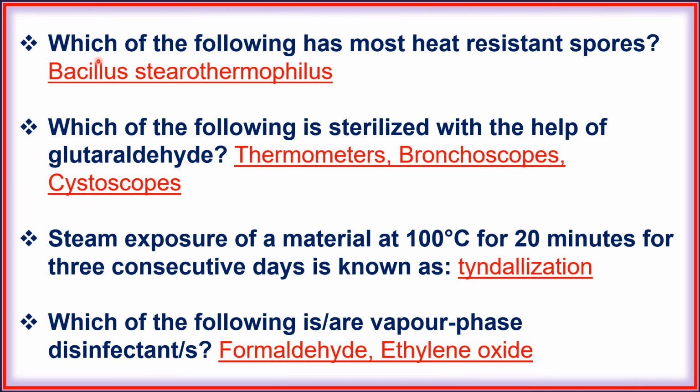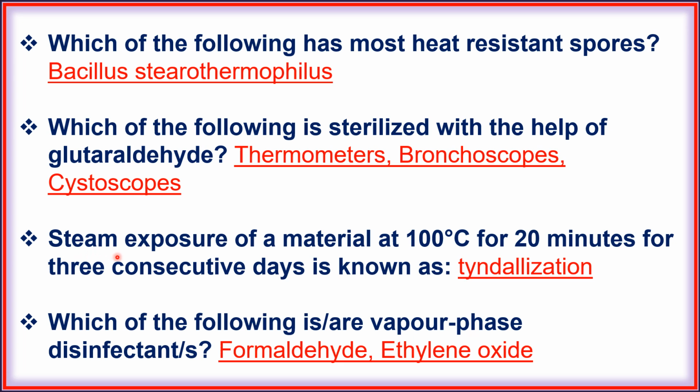Next, which of the following has the most heat-resistant spores? That is Bacillus stearothermophilus. Next, which of the following is sterilized with the help of glutaraldehyde? That is thermometers, bronchoscopes and cystoscopes.